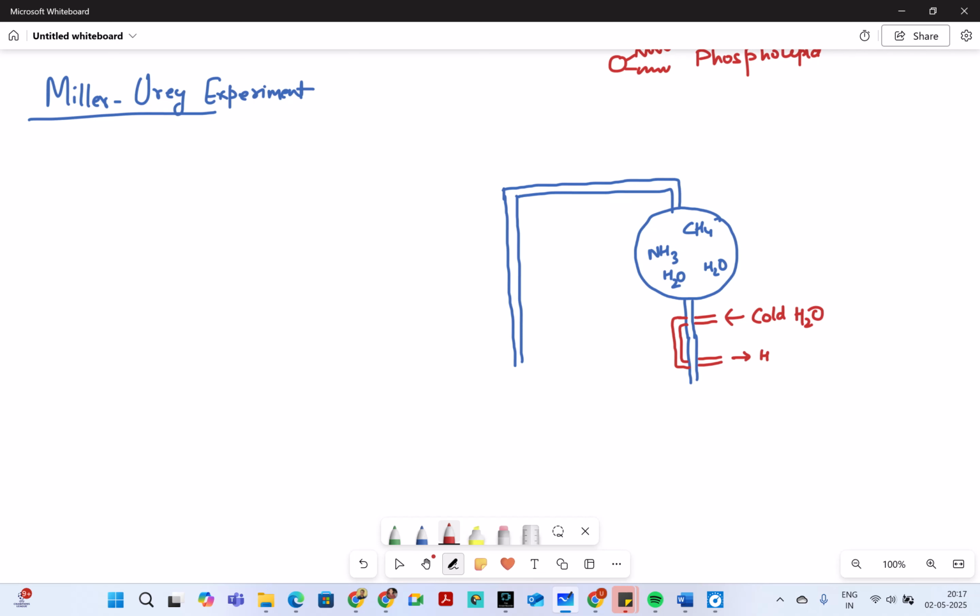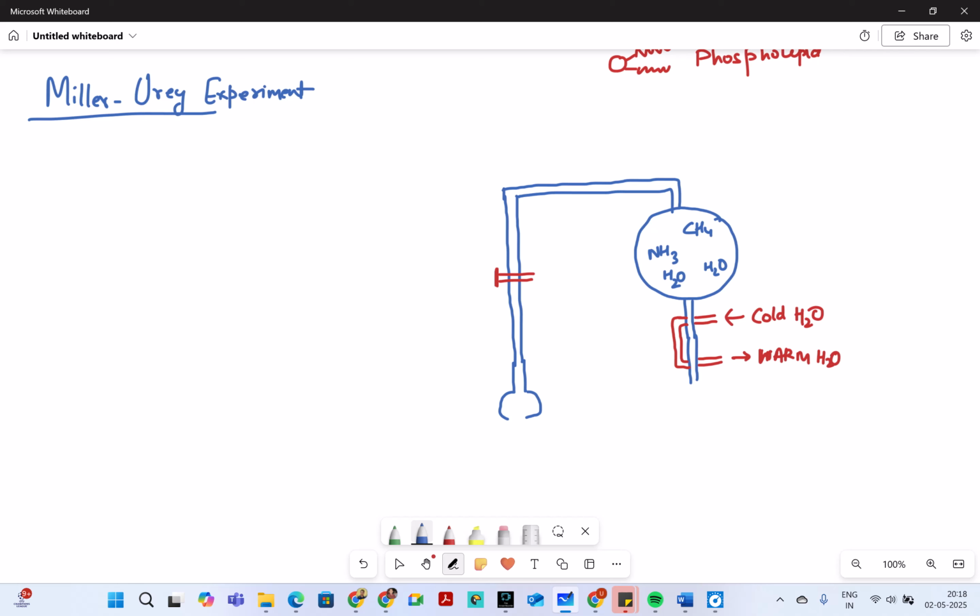Fine. And there was a knob here, right? And this whole setup was getting heat from here, right? So this was connected to a heat setup.